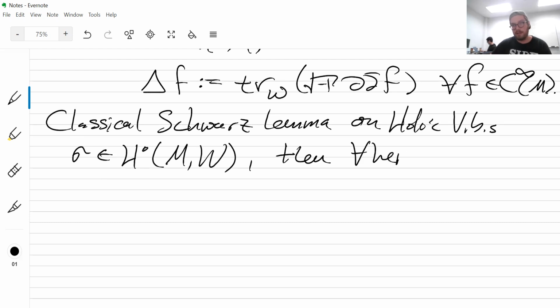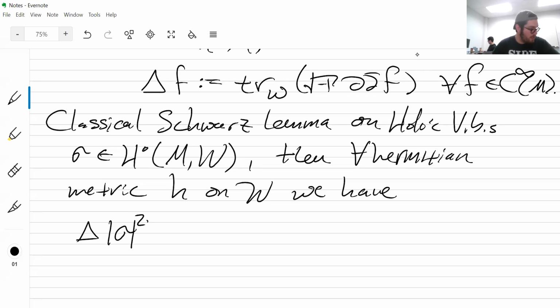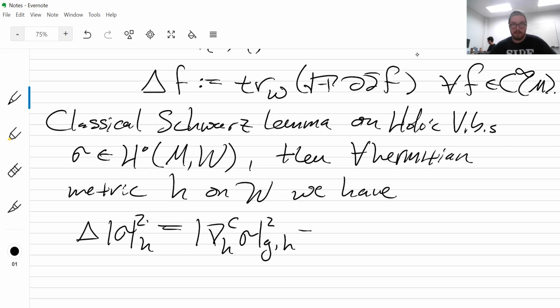Then for any Hermitian metric H on W, turning it from just a holomorphic vector bundle to a holomorphic Hermitian vector bundle, we have that the Chern Laplacian of the norm of sigma squared in the H norm, which is now a smooth function on M, is going to be given by a nice positive term minus a term involving our second Ricci curvature.